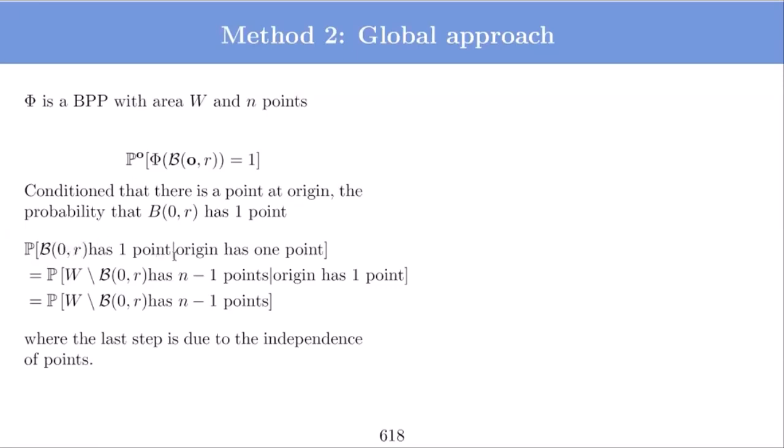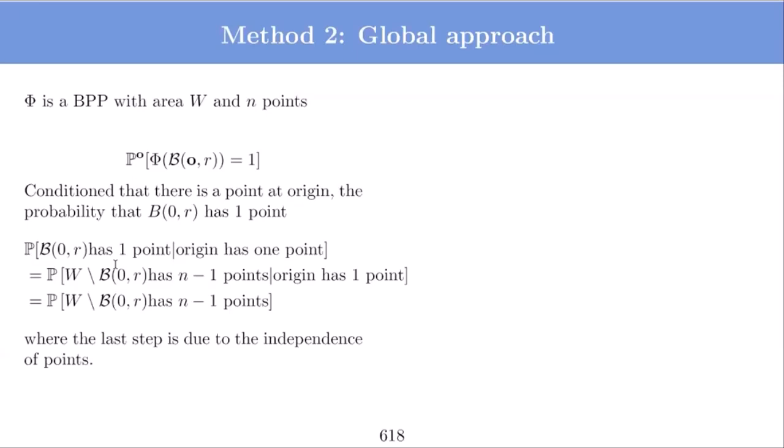This is the same as saying the outside of this ball has n minus 1 points, because they are the same event. In the binomial point process, if A has k points, then the A complement will have n minus k points, because the total is always n.